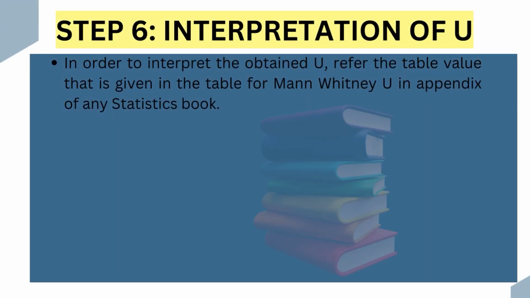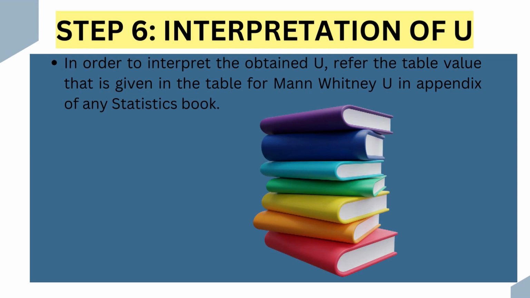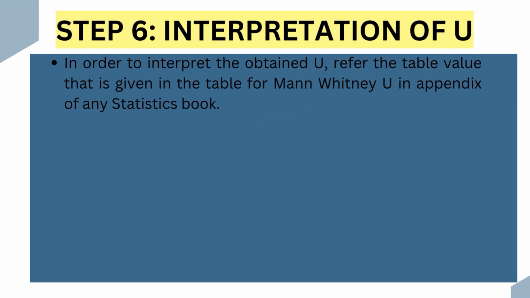Now, let us understand step number 6. In step number 6, we have to interpret the results of U. In order to interpret the obtained U, we need to refer to the table value that is given in the table for Mann Whitney U in the appendix of any statistical book.